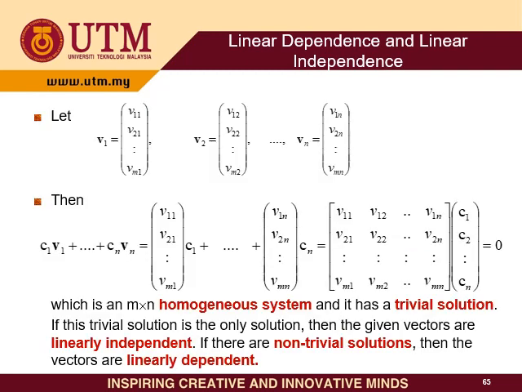Consider the following equations, where it is a homogeneous system and it has a trivial solution. If the trivial solution is the only solution, then the given vectors are linearly independent. If there are non-trivial solutions, then the vectors are linearly dependent.